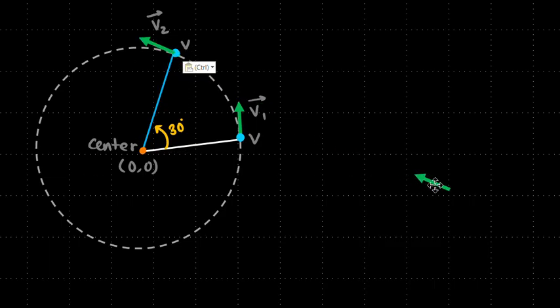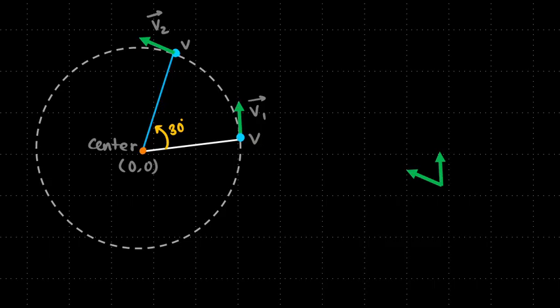Now what I'm gonna do is take this vector, and also that vector, and this and that vector. A thing that you should know is that this angle is 90 degrees. The angle between this line going to here and this is supposed to be 90 degrees. It might not look like it, so let me make it look like 90 degrees, but this is supposed to be 90 degrees.